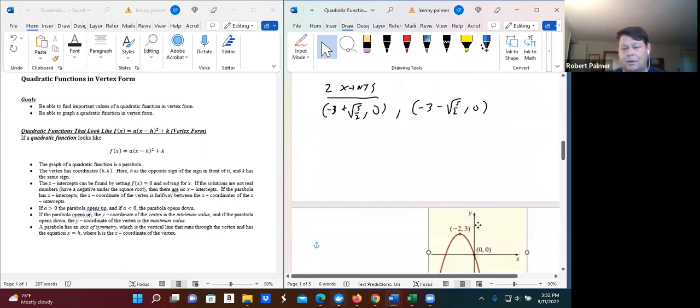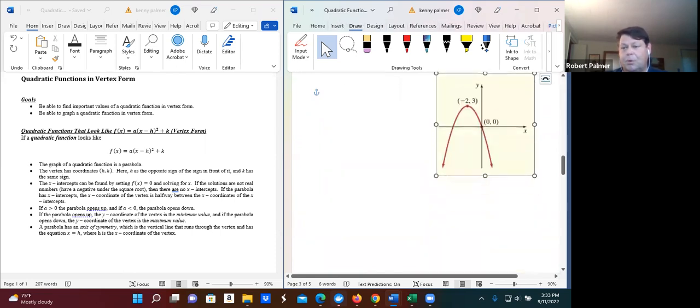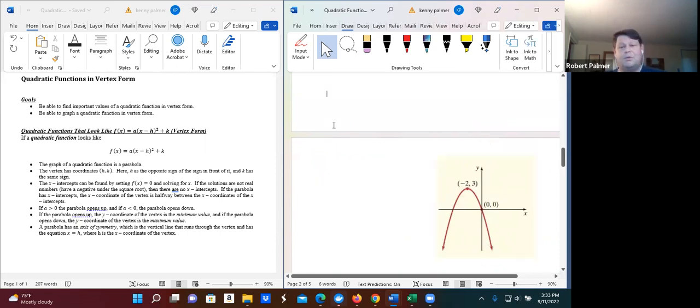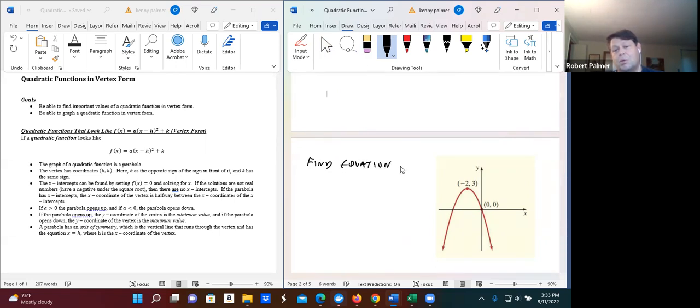Okay. Now, what we're doing here then is this time we're given the graph. And so what we want to do then is find the equation of the quadratic function in vertex form.